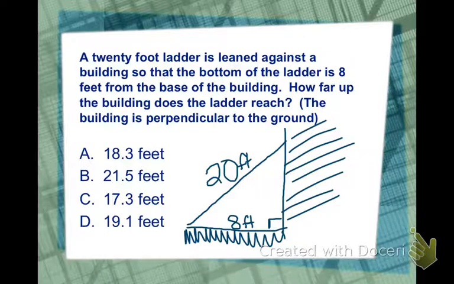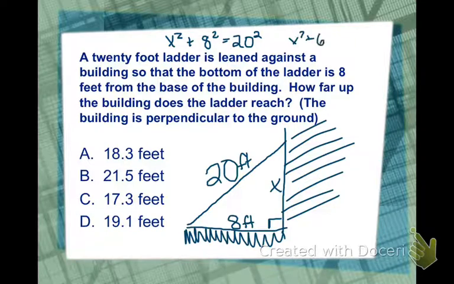And we want to know how far up, the height of the top of the ladder. So here's a Pythagorean situation where we know that the leg x squared plus the leg 8 squared has to equal the hypotenuse squared.